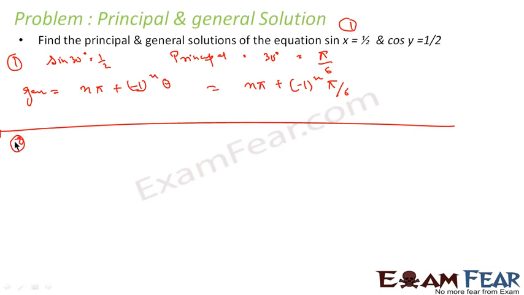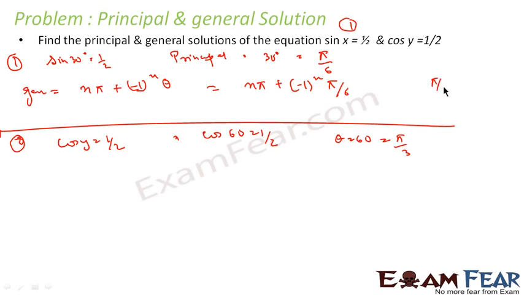For case 2, when cos y is equal to 1 by 2, I know that cos of 60 is equal to 1 by 2. That means theta is equal to 60, which is also equal to pi by 3, because pi is equal to 180, and 180 by 3 is equal to 60 degrees. I can show you this.